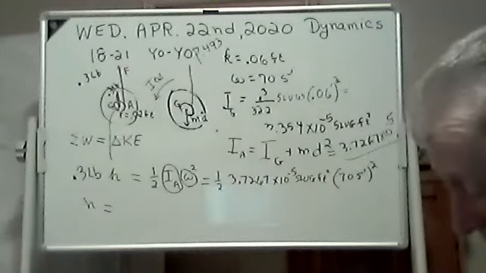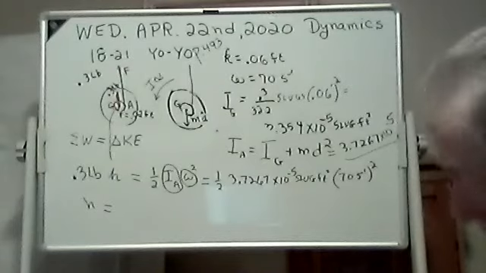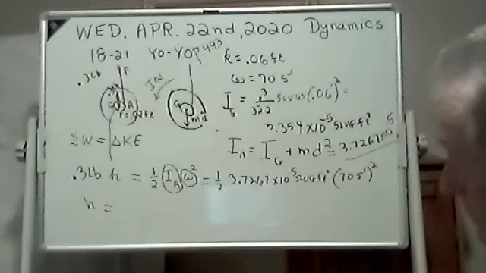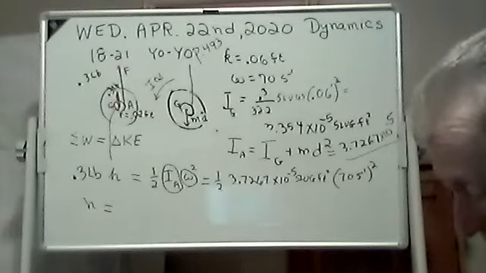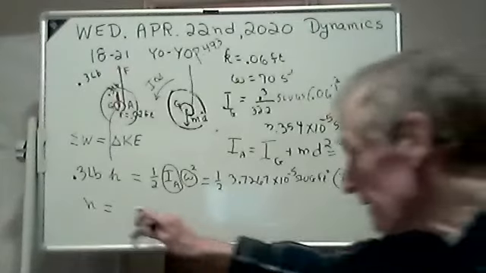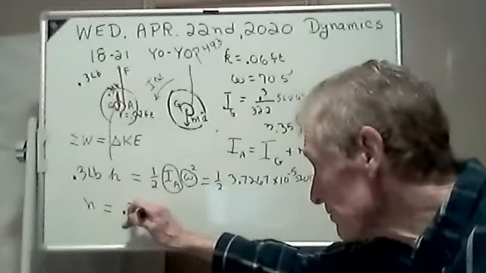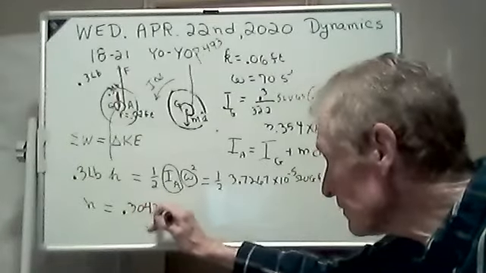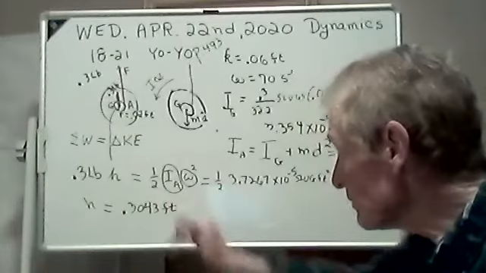Okay, 1/2 times 3.7267 e to the minus 5 times 70 squared divided by 0.3. Okay, I got an answer: 0.3043 feet.